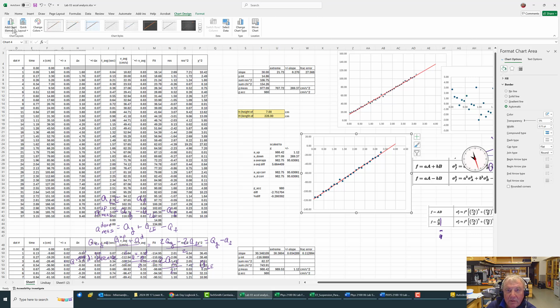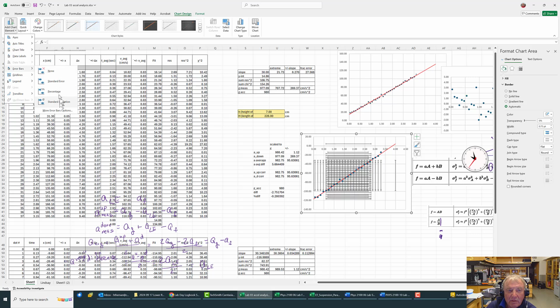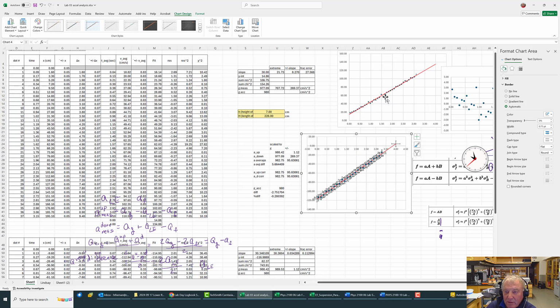Okay. So chart design, trend line, no trend lines. Let's call it standard error. Now I have both X and Y, and of course we're assuming there's no error in T. It's kind of difficult to deal with those anyway when you do a chi-squared fit.